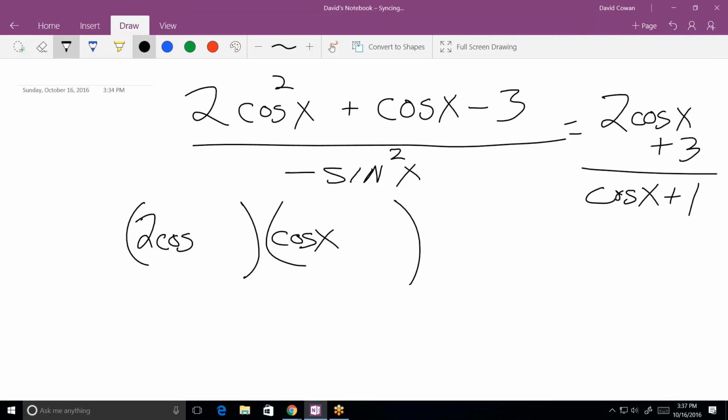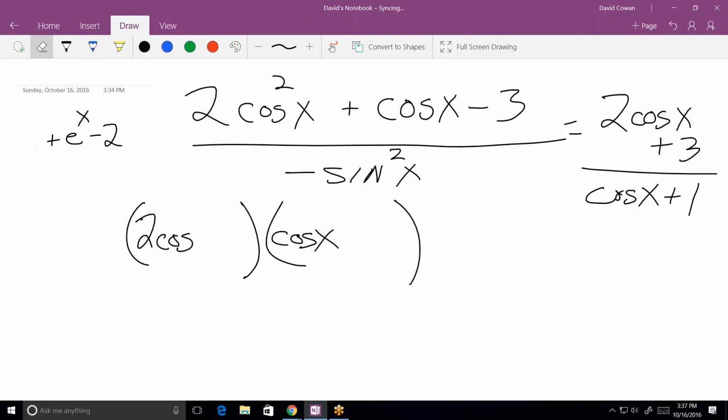Notice that what you're looking at in the numerator is a quadratic. It's a quadratic because the first term is the square of the second term. That's all you really need to have a quadratic. In other words, over here on the left, that's also a quadratic, because e to the x squared is e to the 2x.